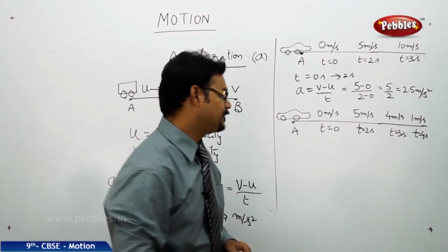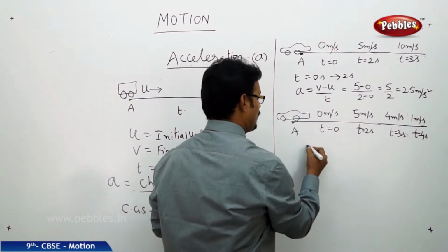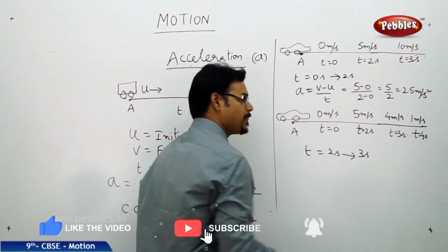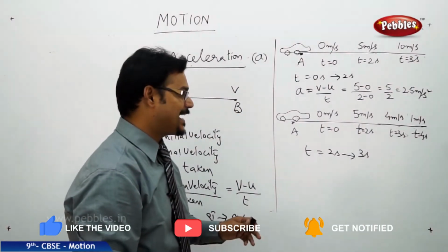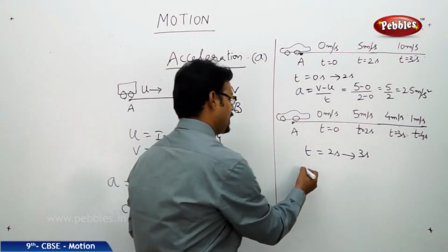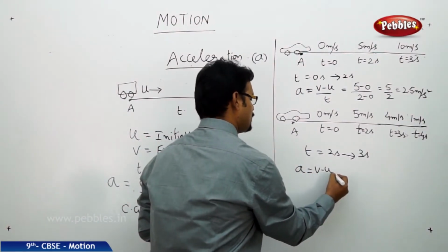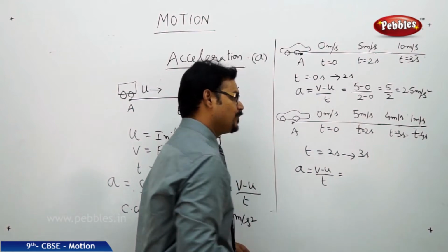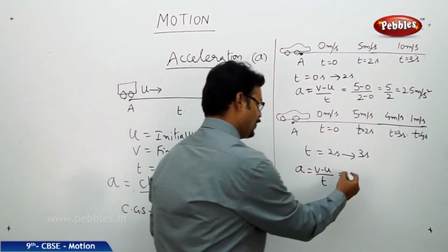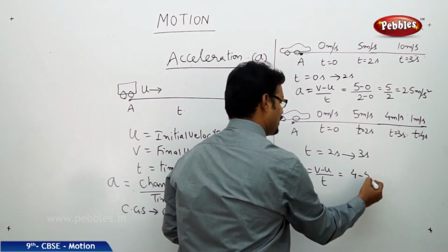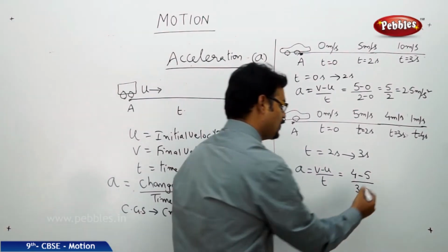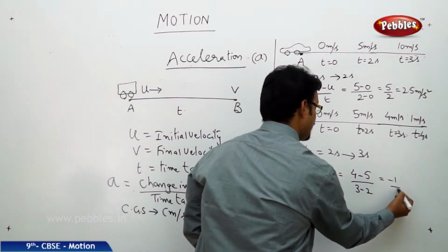Let me show you here. Now take the example from t equal to 2 seconds to 3 seconds in the second diagram. What is the acceleration from 2 seconds to 3 seconds? You take a equals v minus u by t. In 2 seconds to 3 seconds, the final velocity is 4, initial velocity is 5, and the time is 3 minus 2. So 4 minus 5 is minus 1, divided by 3 minus 2, which is 1.